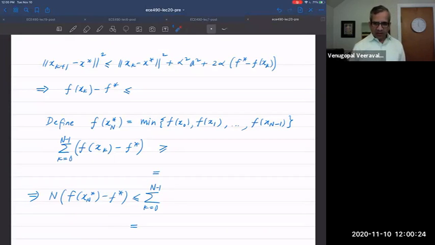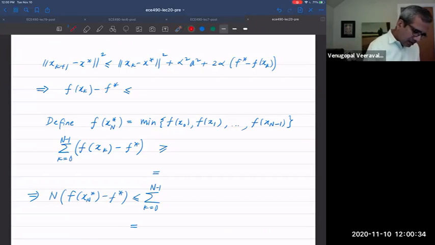First we take this stuff to the left-hand side and write this as xk minus x star squared minus xk plus 1 minus x star squared, and then plus alpha squared a squared divided by 2 alpha.